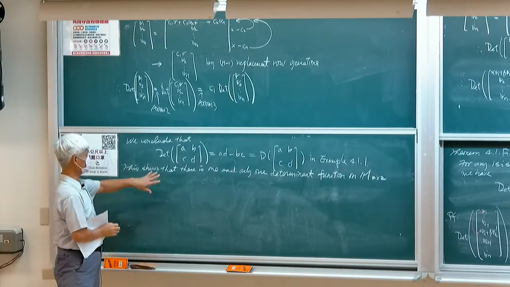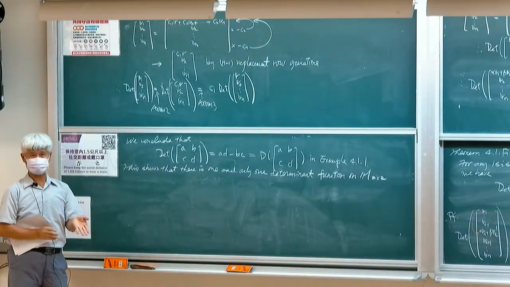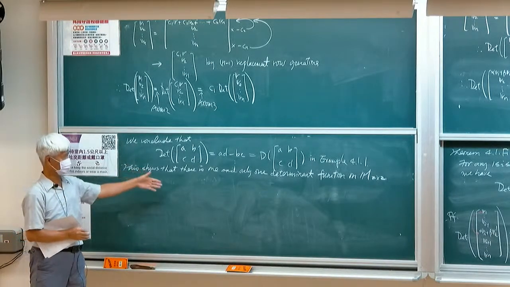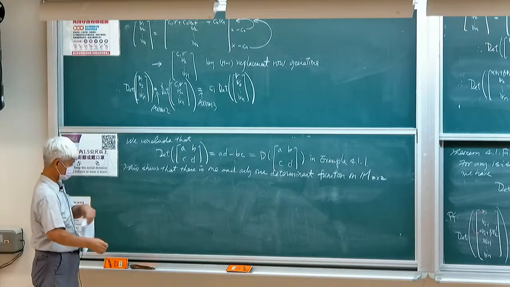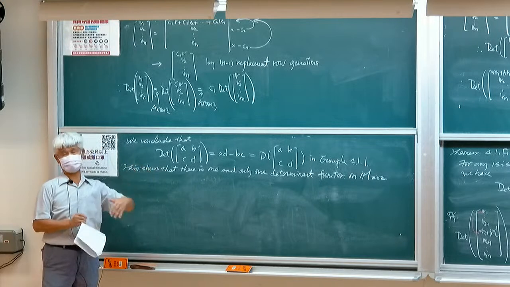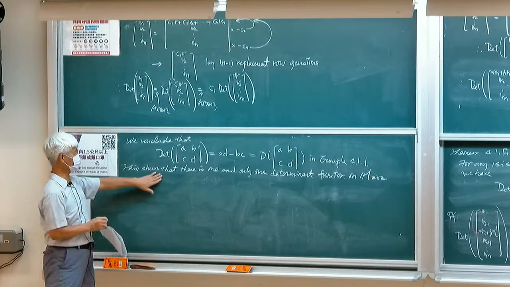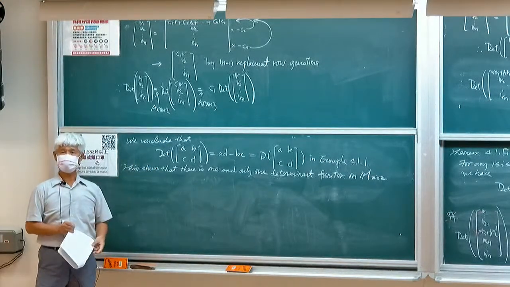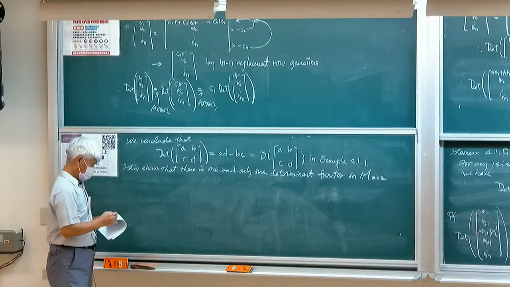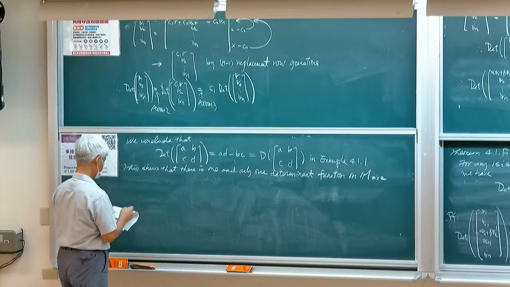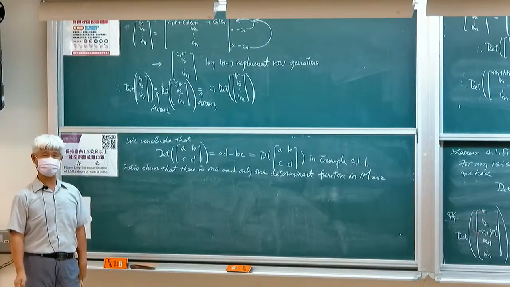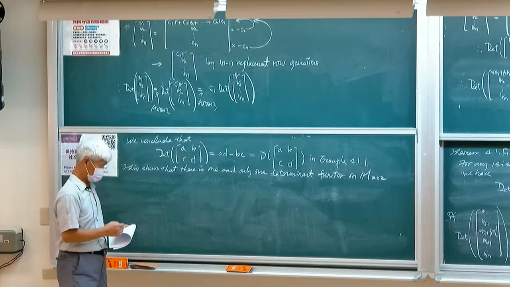Because we already showed the existence and uniqueness of the determinant function on 2 by 2 matrices. But still, it is a little bit distant from our goal, because we want to prove this fact for any n by n matrices. All right, so here we want to develop further properties of determinant functions.